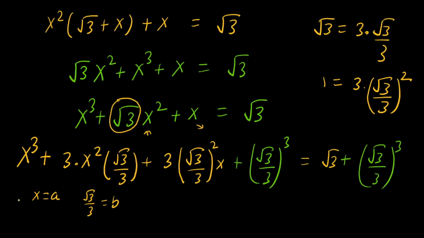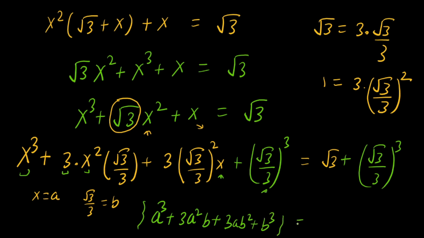Then on the left hand side is a cube plus 3 a square, and this square root of 3 over 3 is b, plus 3, and square root of 3 over 3 is b square, and this x is a plus, and this square root of 3 over 3 is b cube, and we know that this expression is (a plus b) whole cube.